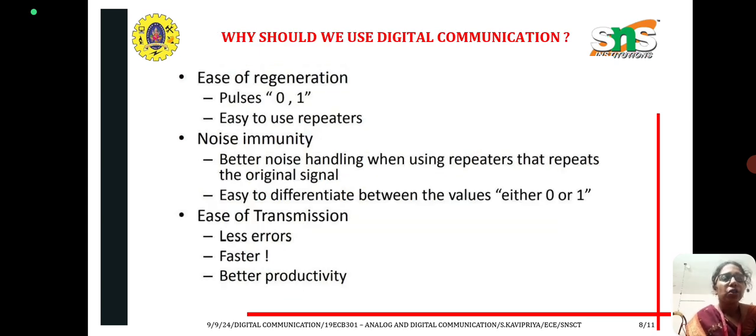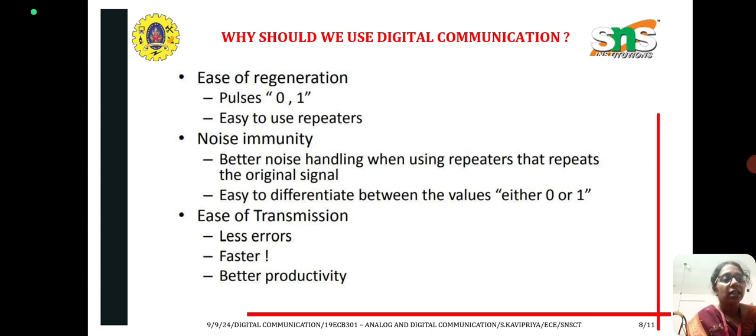So why should we go for digital communication? Because of ease of regeneration of signals, since the signals are represented in the form of zeros and ones. It is also very easy to use repeaters in digital communication, and it has better immunity to noise. So noise immunity is very high in digital communication. There is better noise handling when we use repeaters that repeat the original signal.